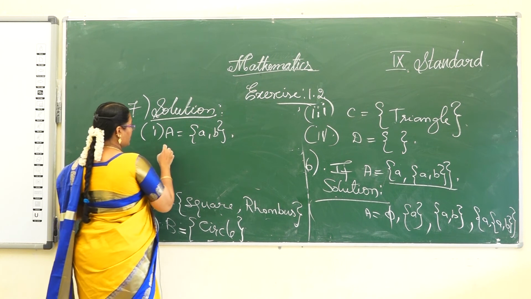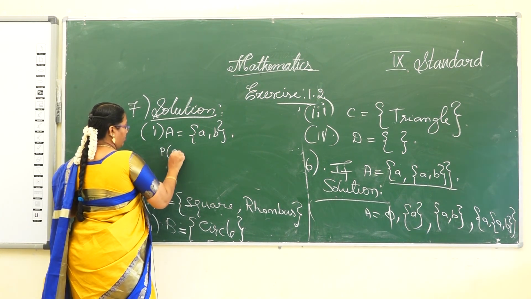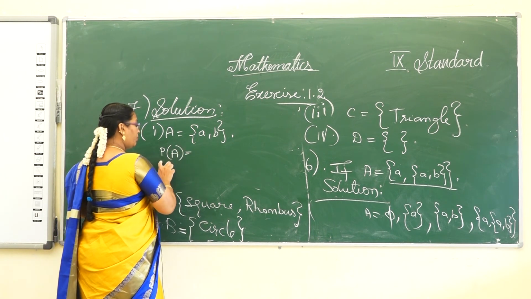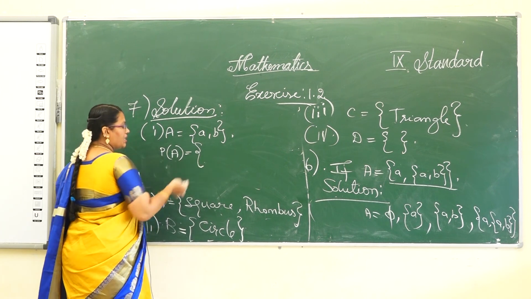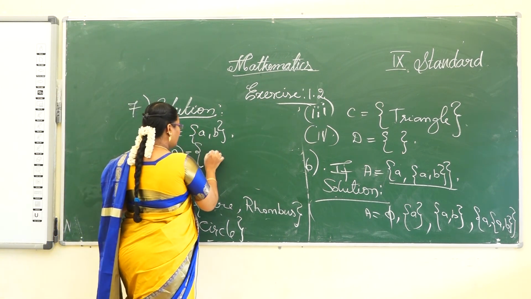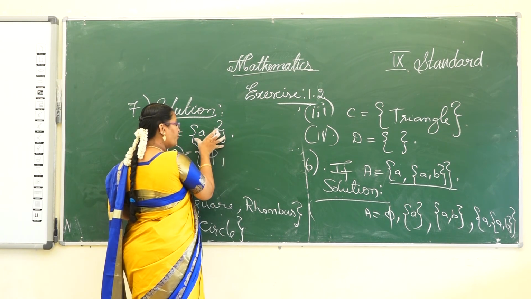First write the power set of A. Power set of A means its subsets. First put the set bracket. After that, write the empty set, the subset. What are the subsets of {a, b}?